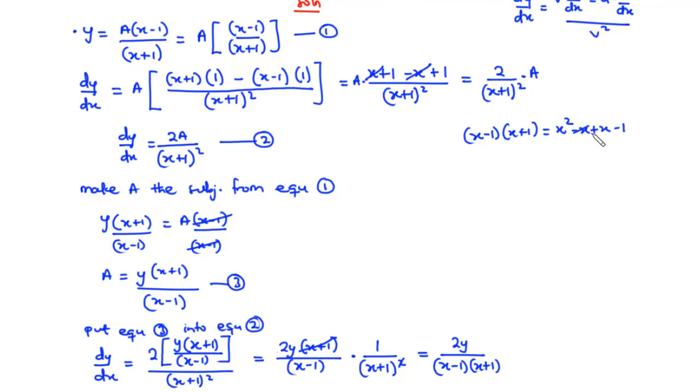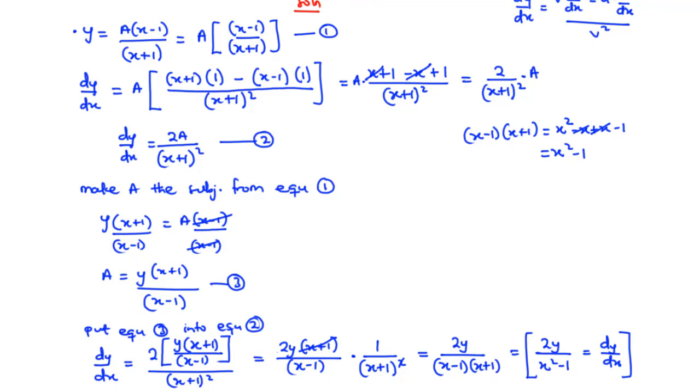So this cancels out this, you are left with x squared minus 1. So that will be equal to 2y over (x squared minus 1). And don't forget, that is equal to dy/dx. So this is where we've got to.